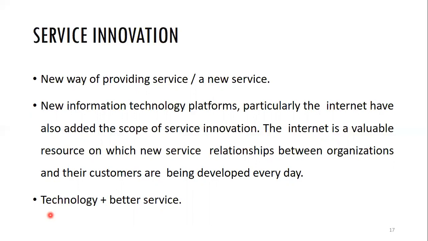For example, I would like to give you the example of Uber and Careem in transportation, or Airbnb in hotels and hospitality. So you have to use the internet service, or this technology, or the new app that was developed by app developers for getting these particular services.